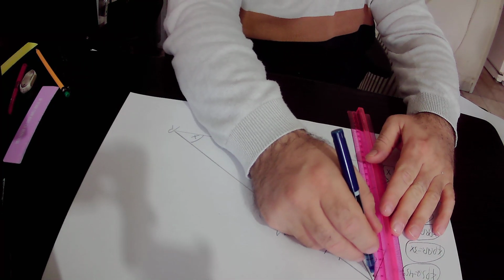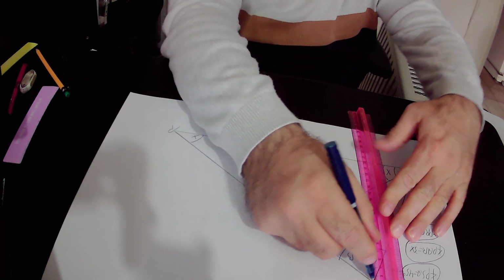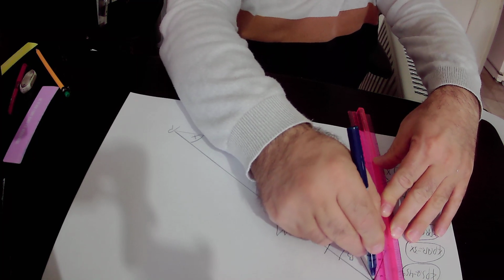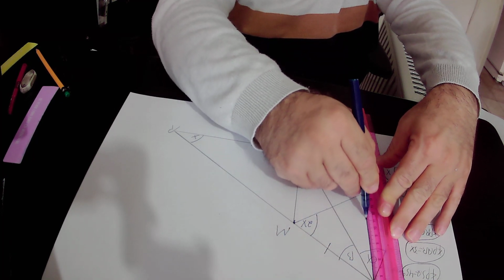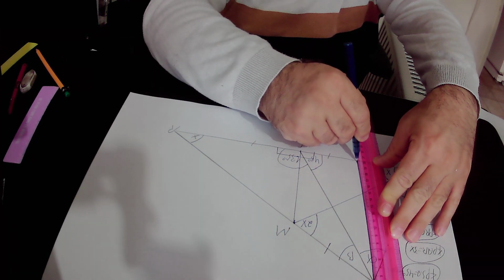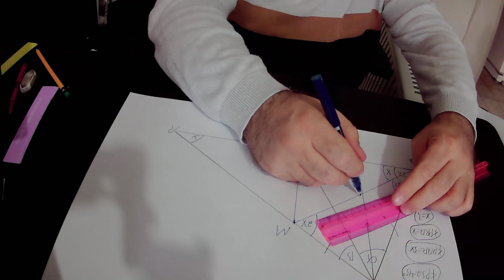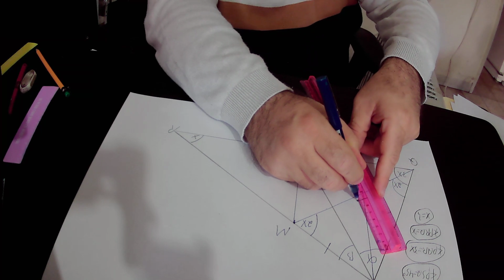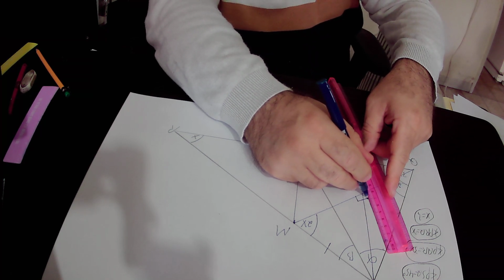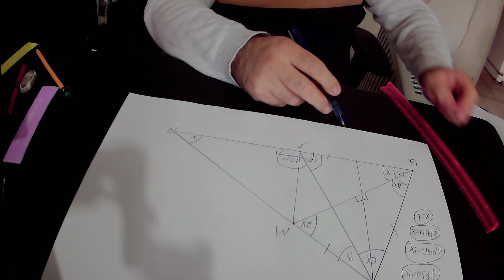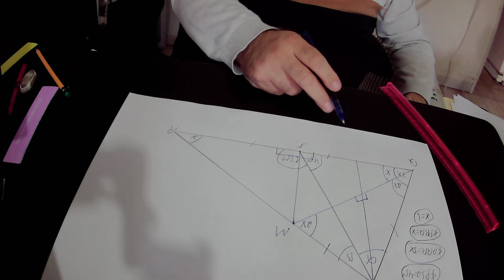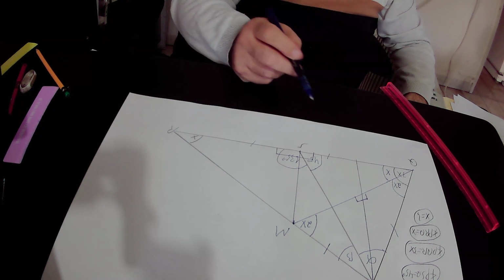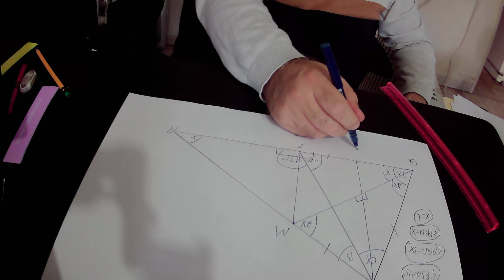So first of all, this is perpendicular to QM, that is to say this angle equals 90 degrees, and this angle also equals 90 degrees, and we will define the touching point between the perpendicular and QS as N.